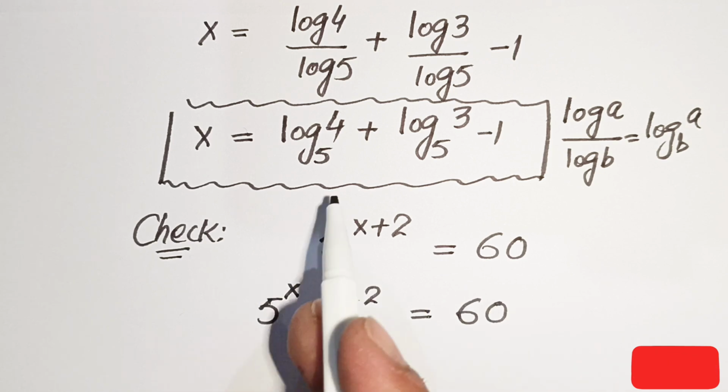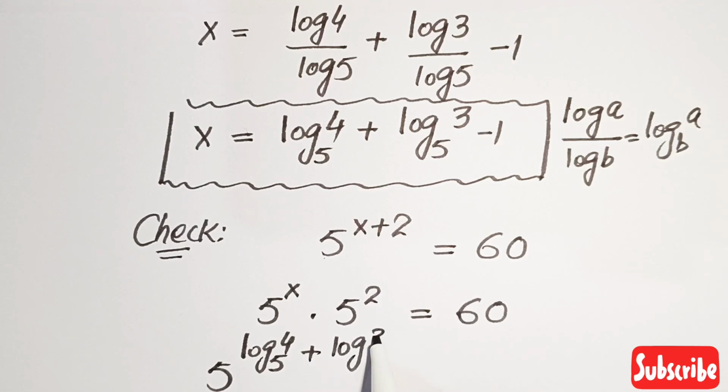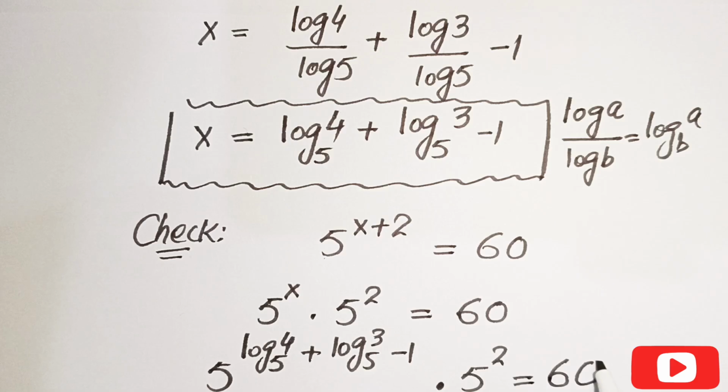Now putting the value of x, 5 to the power x is log 4 to base 5 plus log 3 to base 5 and minus 1, times this 5 squared, which is equal to 60.